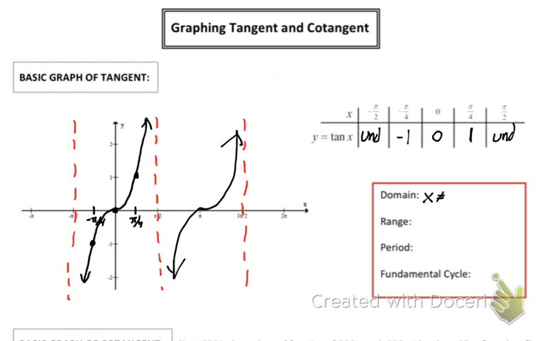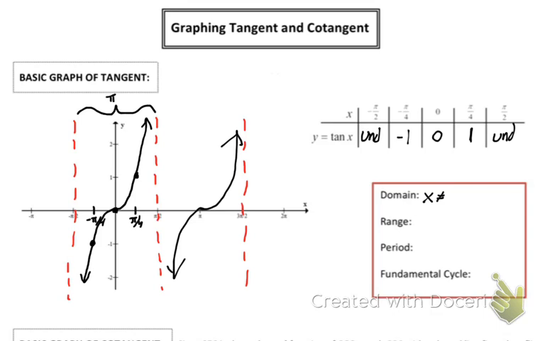And what we're going to list for vertical asymptotes is, the first thing I'm going to do is ask myself, how far apart is each asymptote? And I go from negative pi over 2 to pi over 2, so that must have a length of pi units. It is pi units apart.